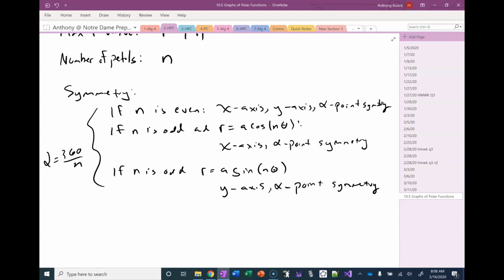So think about it for a moment. Why do you suppose that when n is odd, it matters which type of function you have in terms of getting x-axis or y-axis symmetry?